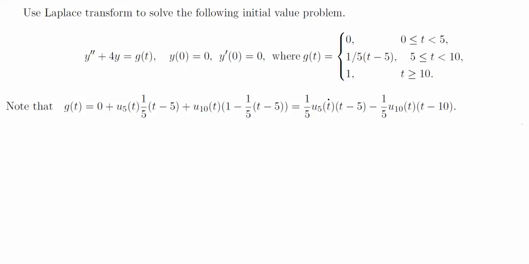So our g function is in fact 1/5 u5(t)(t minus 5) minus 1/5 u10(t)(t minus 10). Now we want to take the Laplace transform of this differential equation.